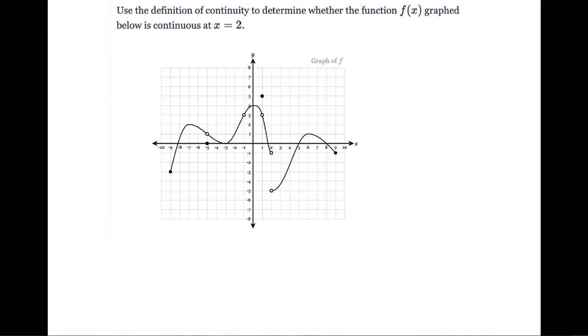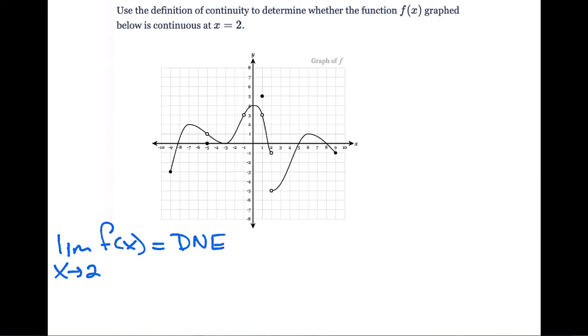Well, right off the bat you should say it is not continuous at x equals 2. But let's talk about those conditions. You could say the limit as x goes towards 2 of f of x does not exist.